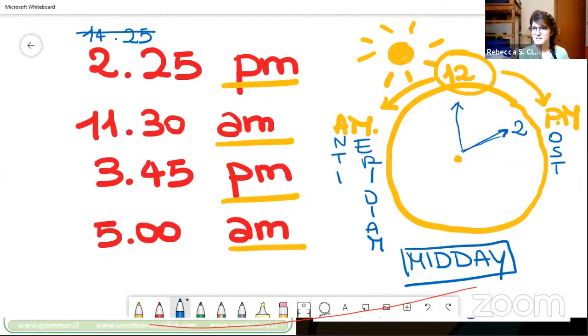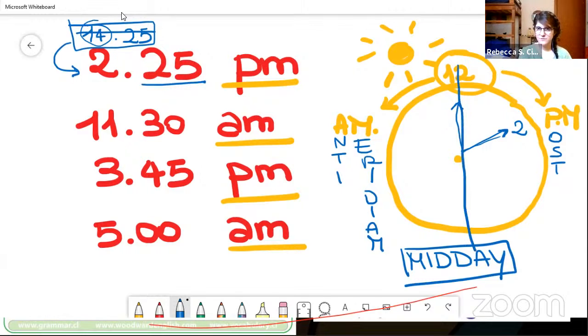So if you remember that, you will probably have it easier when saying it in English, because in English we don't say these kind of numbers. We only use the corresponding number from 1 to 12. So this time becomes this in English. So it's 25, okay, 25 past 2.